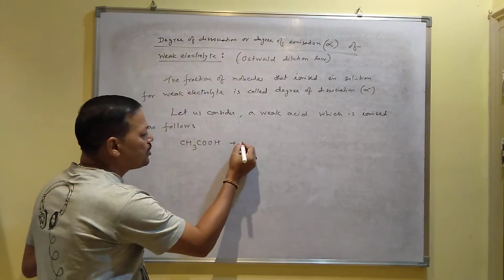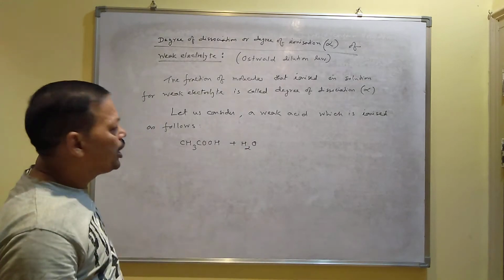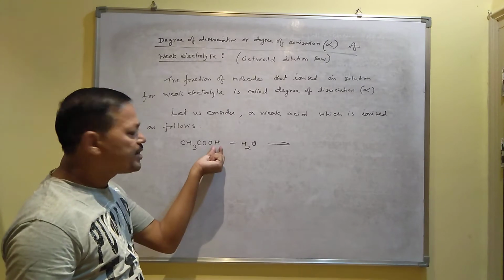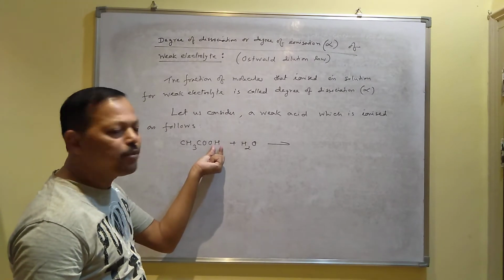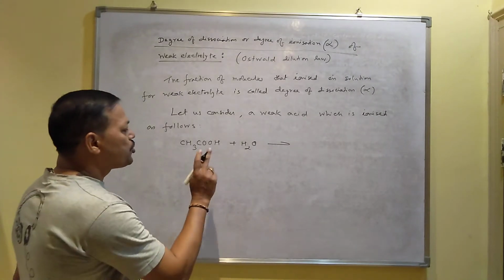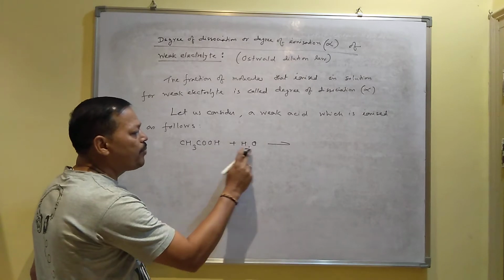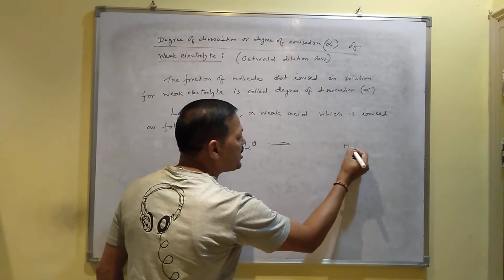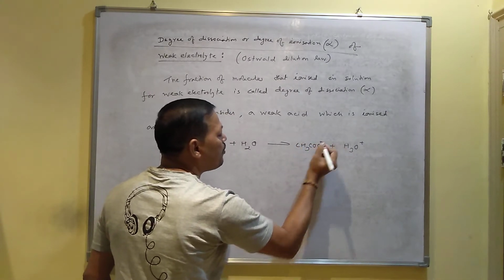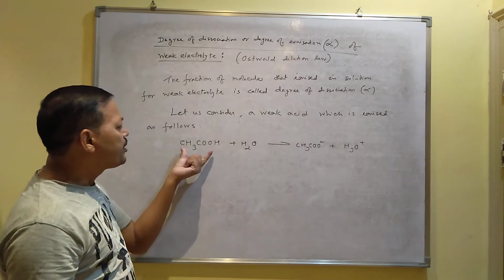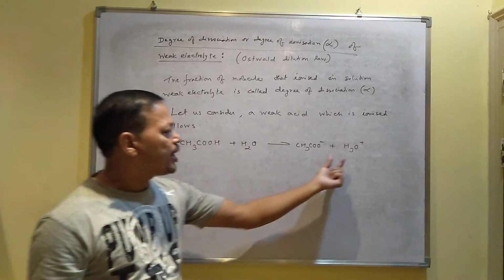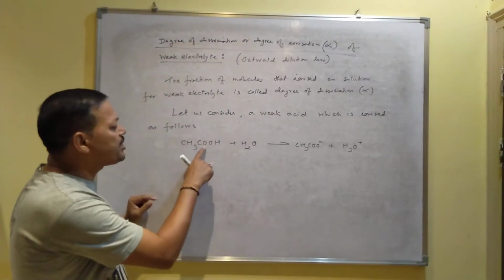When you dissolve in water, it produces two ions. You know, this is acid. Acid always releases H plus ion. So from the acetic acid, some amount of H plus ion will be released. Because it is weak, it cannot undergo complete dissociation. The H plus ion released from the acid combines with water to produce hydronium ion H3O plus, and the negative ion will be CH3COO minus.